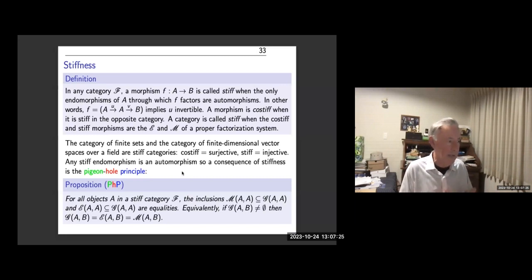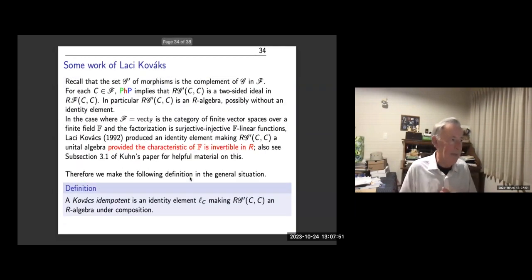You've got that in finite sets, if you've got two finite sets that are isomorphic, then any monomorphism between them will be invertible, and any epimorphism between them will be invertible. And the same in finite dimensional vector spaces. So that kind of property allows you to get these idempotents that you're wanting. So the last part of the talk is meant to be about that.